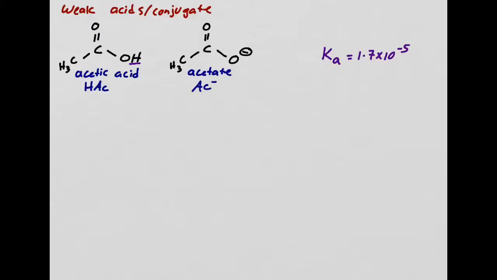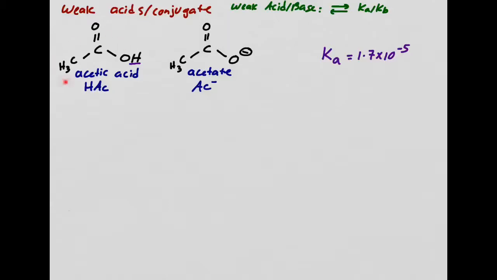Don't forget, every time you have a weak acid or weak base, you are going to have equilibrium. And every time you have an equilibrium, that means you are going to have a Kb or Ka, right? With acid or base equilibrium, you're going to have an equilibrium constant. All right, so far so good.